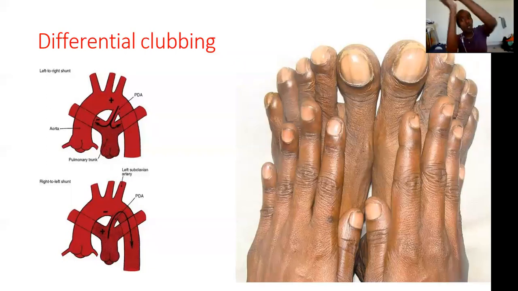Because the PDA is causing a right to left shunt, it enters predominantly the lower limbs. So you get clubbing in the lower limbs only. This is called differential clubbing. It's a bit of an interesting finding. Okay, it occurs in a reversal of a patent ductus arteriosus.